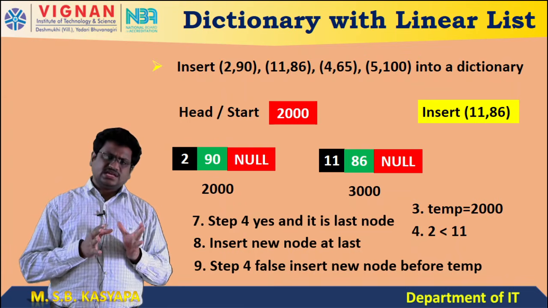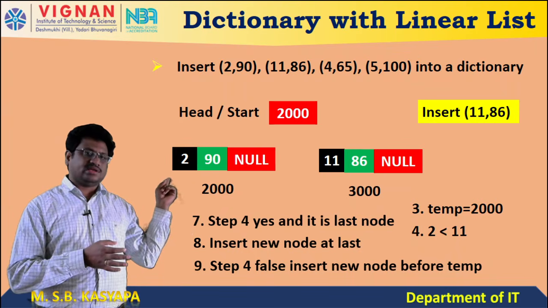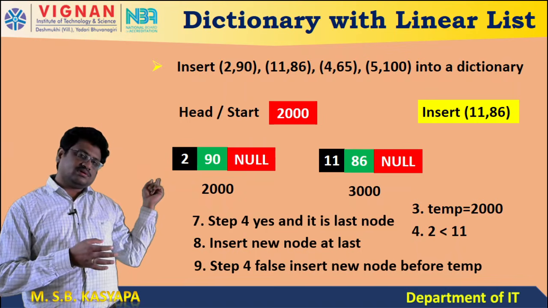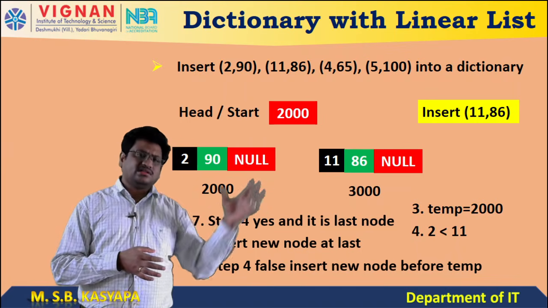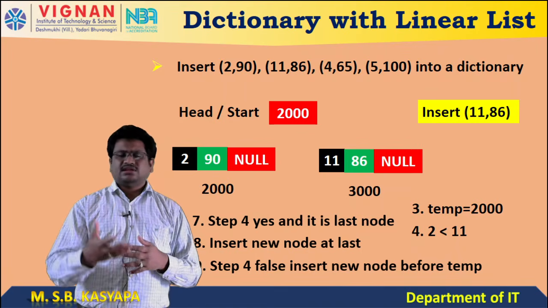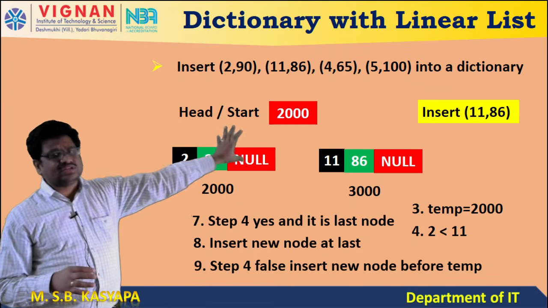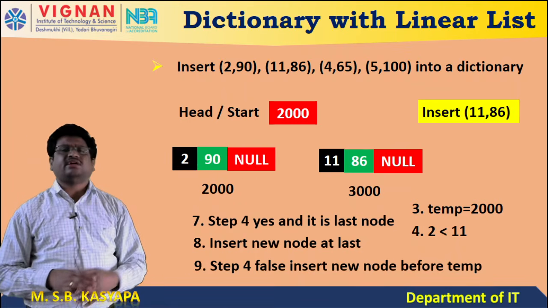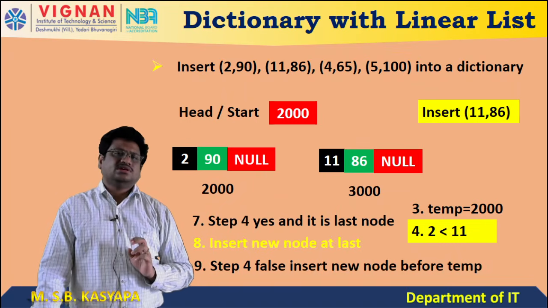If the key is less than an existing key, then I have to insert before. If it is greater, then I will move to the next one and keep checking until I find the greater value. If I didn't find the greater value even after reaching the last element, then I will automatically insert the new value at the last of the linked list.